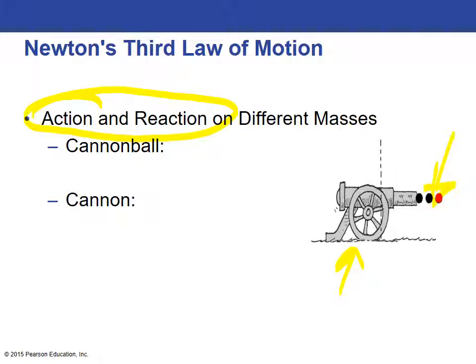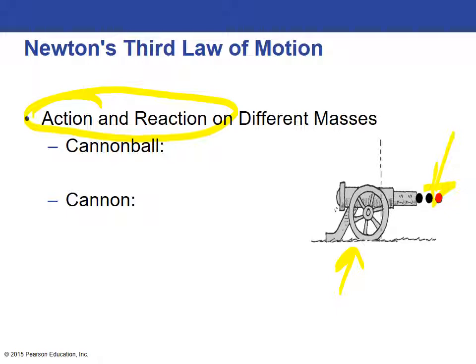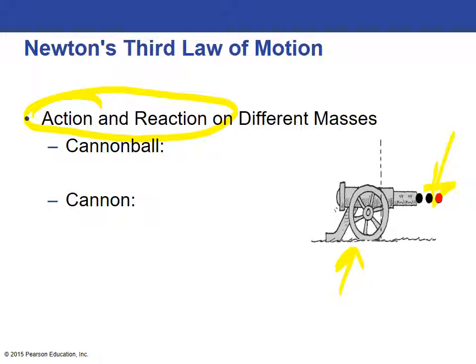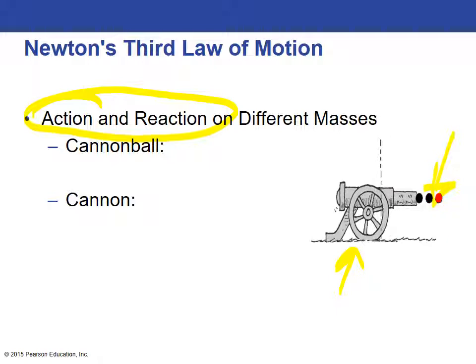Things like cannonballs and bullets move because of a chemical reaction inside the cannon. There's a very rapid expansion of gas because something has exploded. That pressure pushes the cannonball out. That's how a gun or a cannon works.